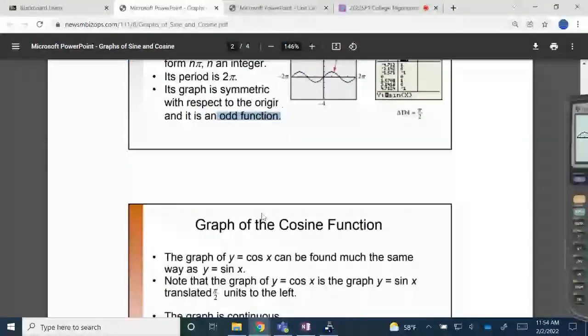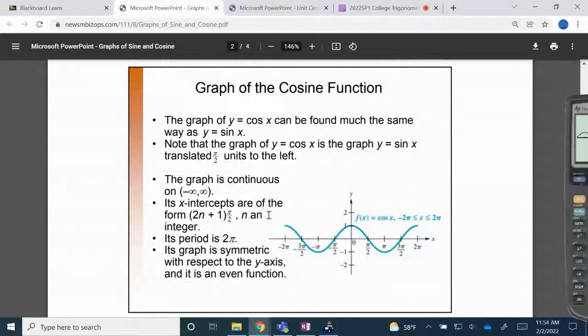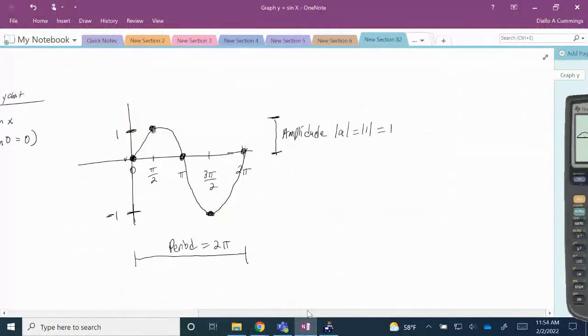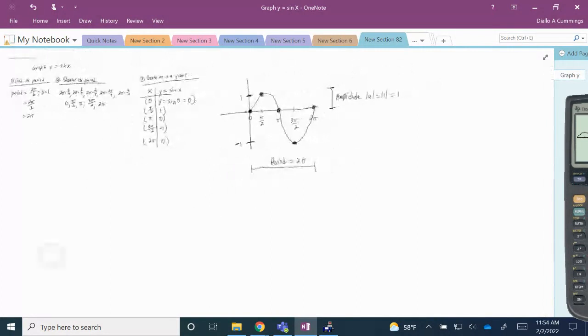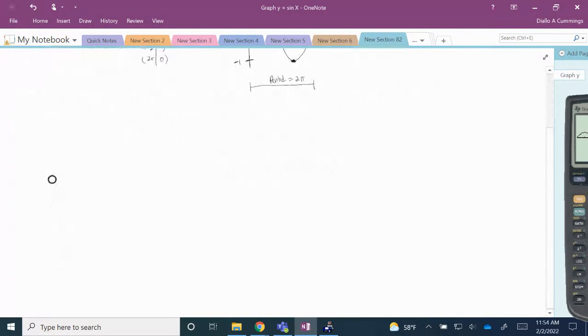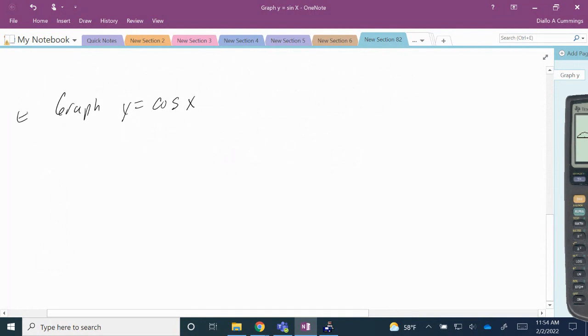All right, next we're going to take a look at the cosine curve. All right, so we're going to graph y is equal to cosine x. All right, so here again, we're going to follow those 5 steps.